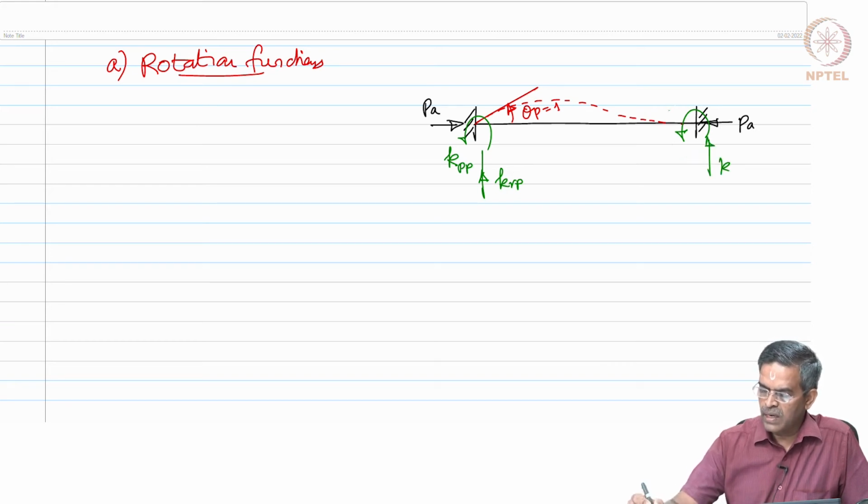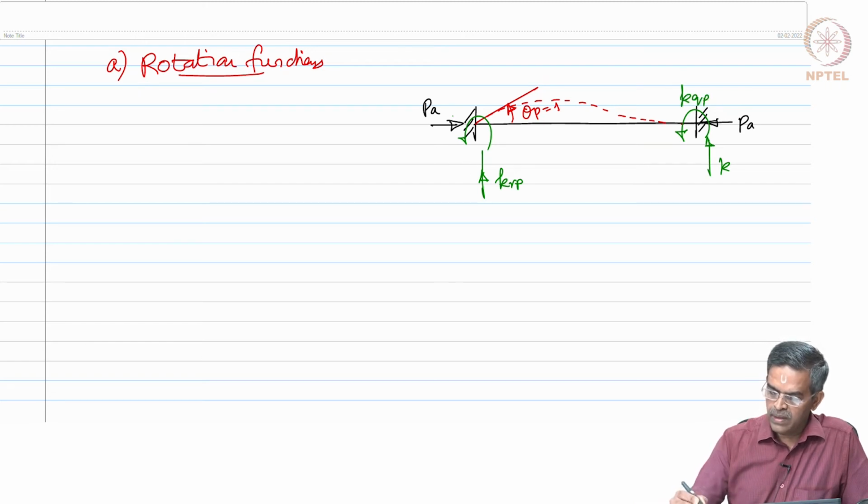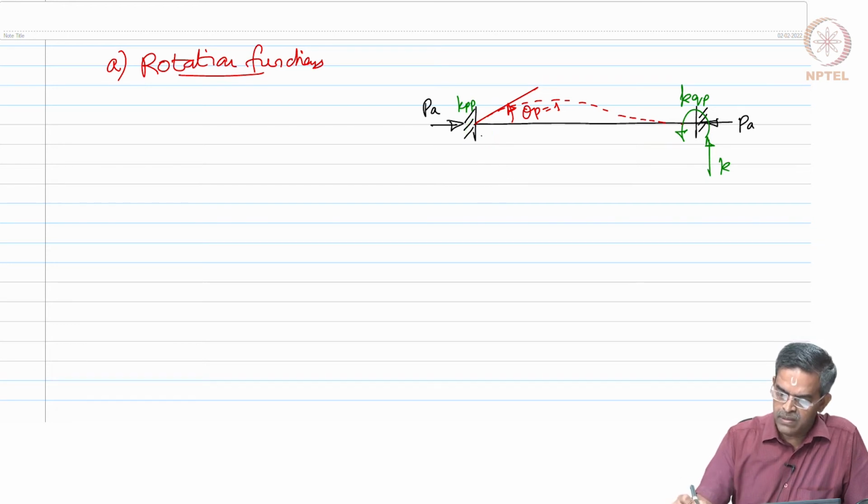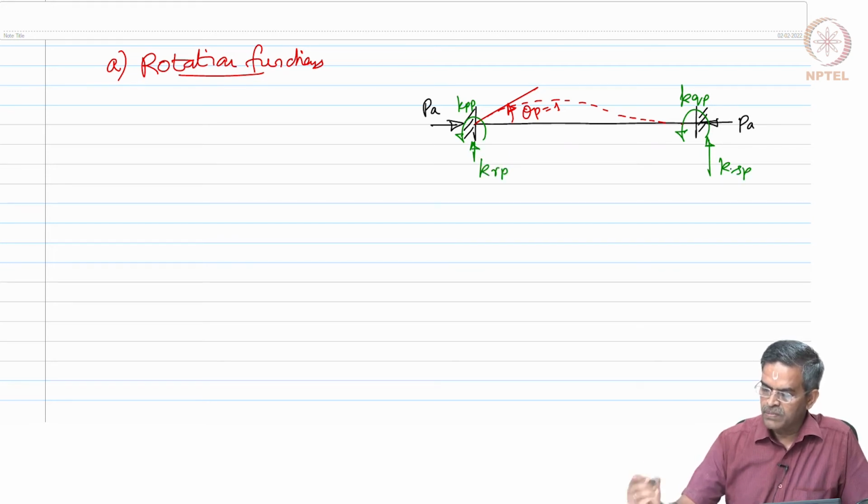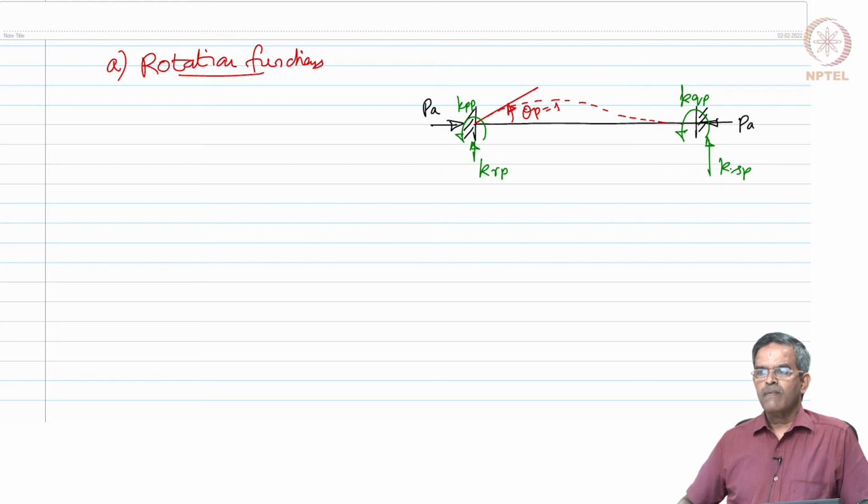Okay, let us write this KQP here, let us write this KPP here, let us mark exactly this here. So, KRP and KSP. What are these KRP, KSP, etc.? They are all forces when the system is subjected to unit displacement.